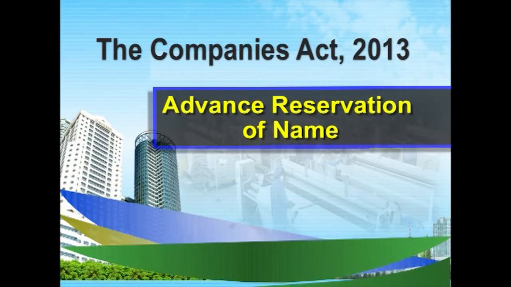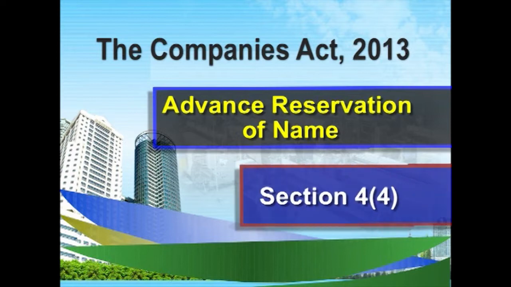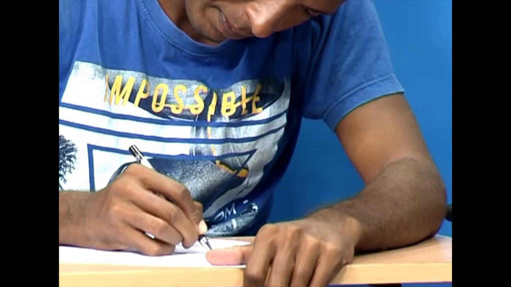Advance reservation of name. According to Section 4, subsection 4 of the Act, a person may make an application in a prescribed form and manner and on payment of the prescribed fee for reserving a name for the proposed company or for changing the name of an existing company.